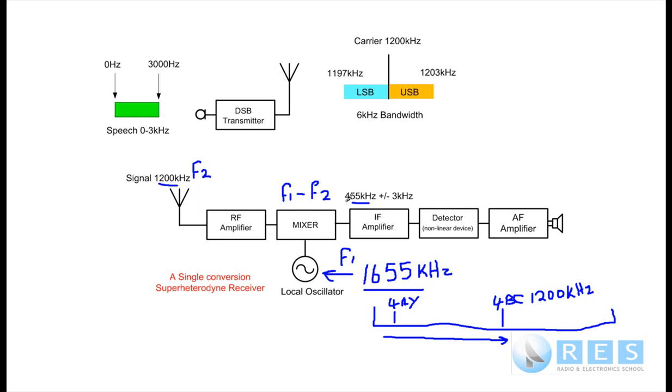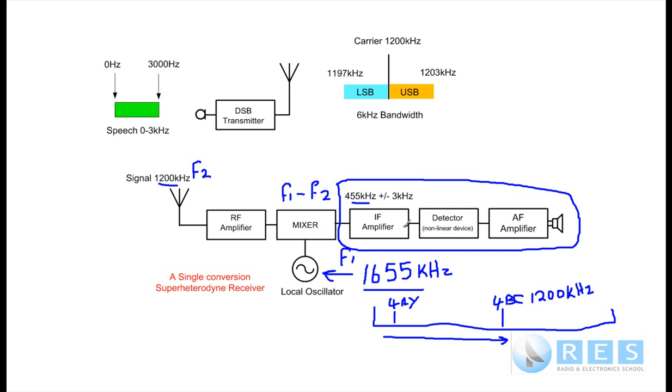The really big advantage of that is that from here on, every radio is the same, because we're always doing a conversion from 1200 kilohertz to the first IF. This radio only has one IF. We'll show you one that has two IFs shortly.